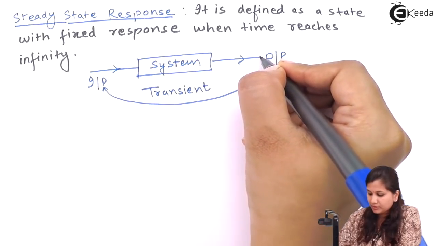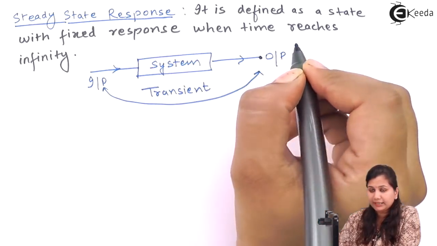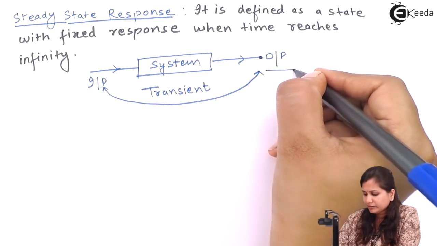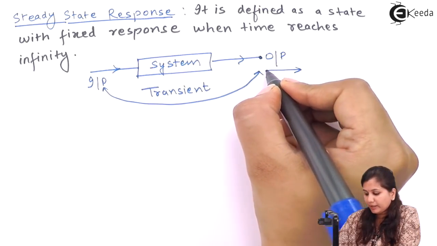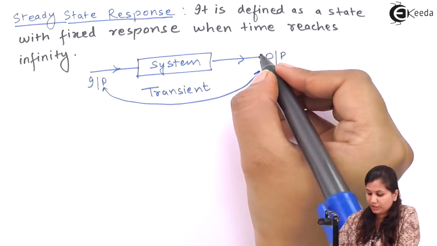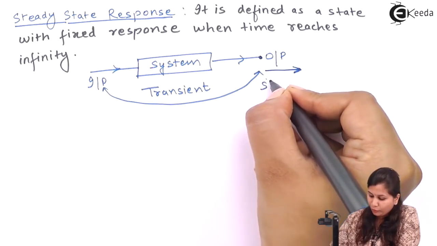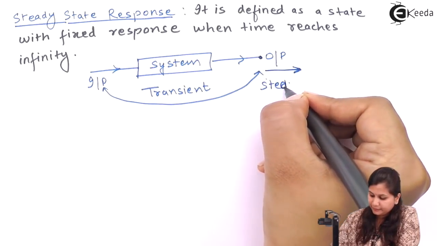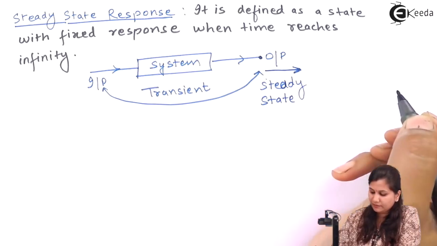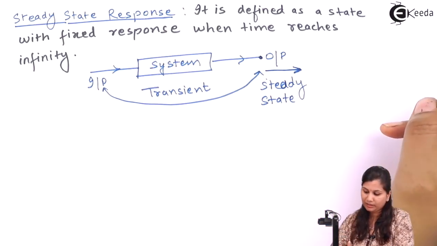Now when the system has attained the output, and time is changing but the state of the output or the state of the system is not changing, it means it has obtained a steady state. Steady state means a state which is not changing with time.